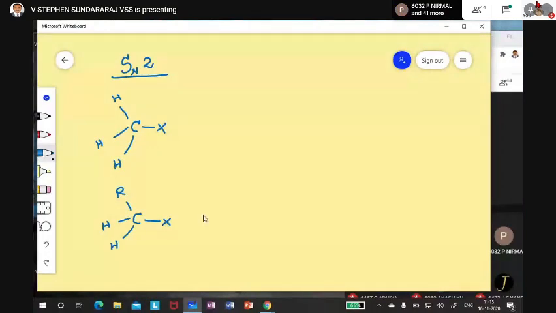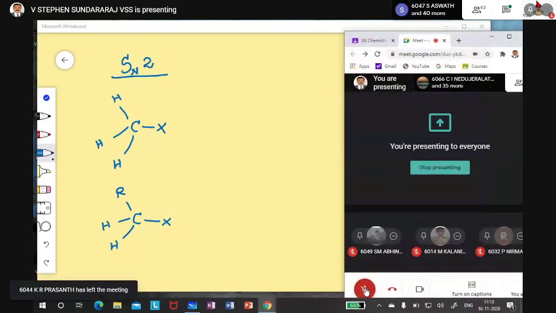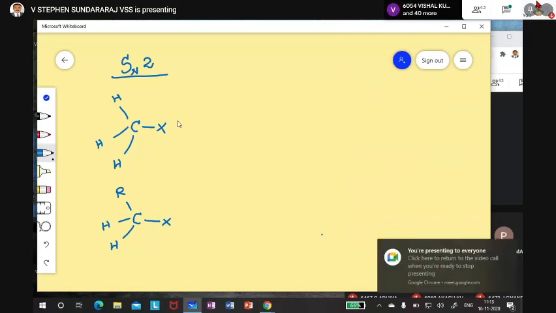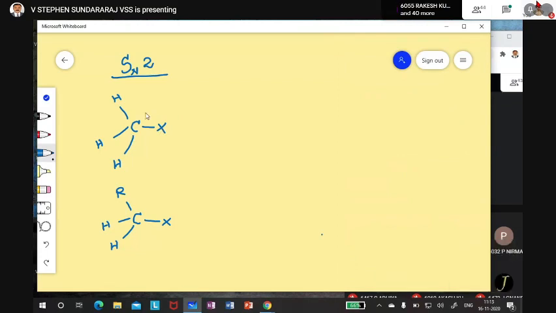Because a bulky group means attack is not possible. Any other reason you want to include? The only difference is that SN1 cannot take place in one step, it goes in two steps.